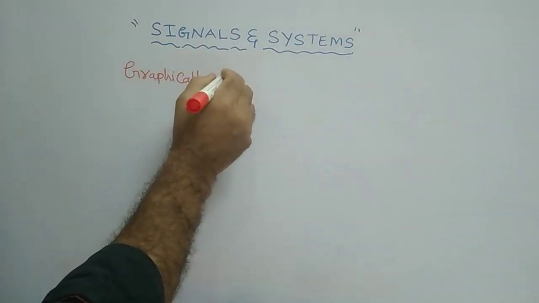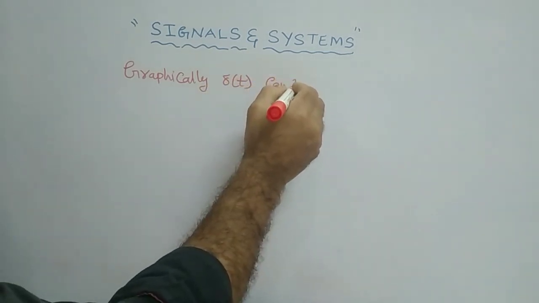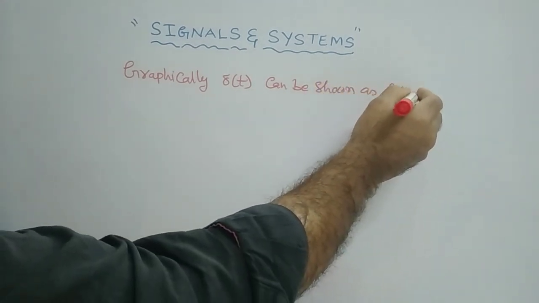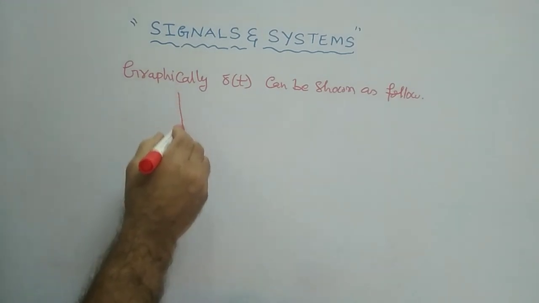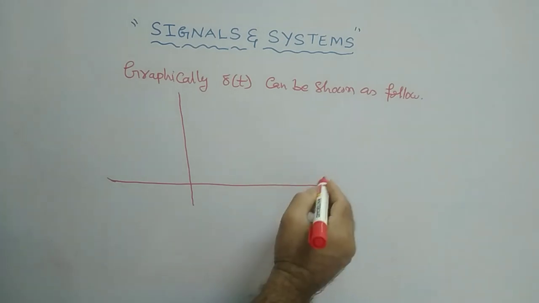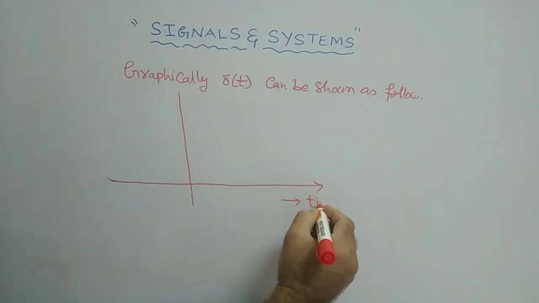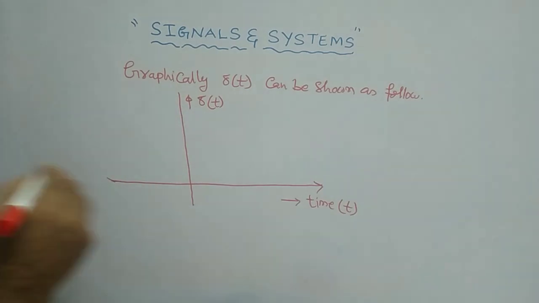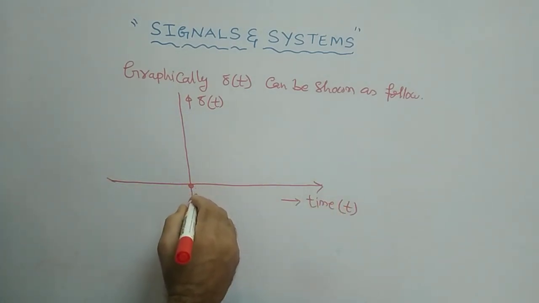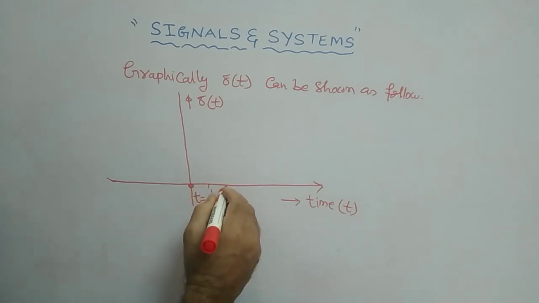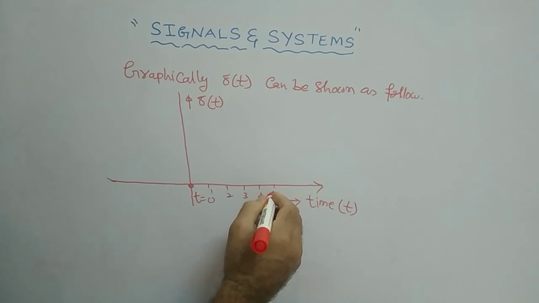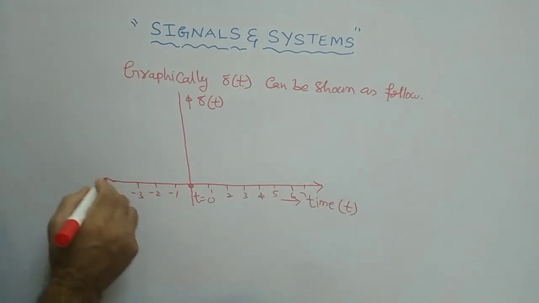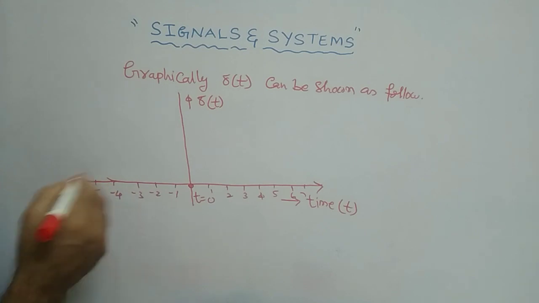Graphically, delta of t is drawn with time on one axis, continuous time t, and the magnitude of delta of t on the other. The origin is t equal to 0, then 1, 2, 3, 4, 5, 6, 7 seconds, and on the negative side -1, -2, -3, -4, -5, and so on.